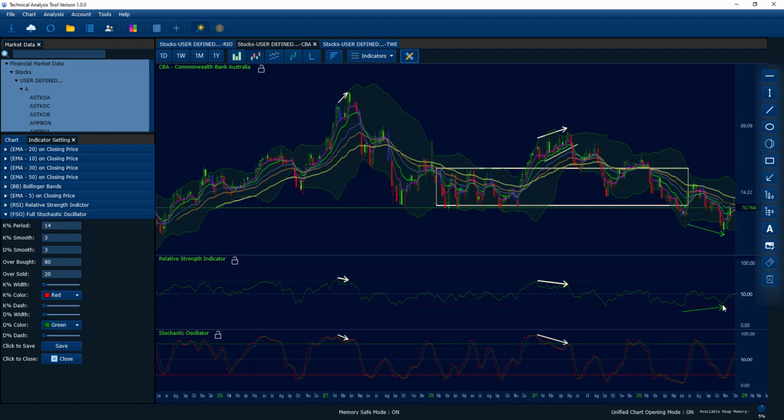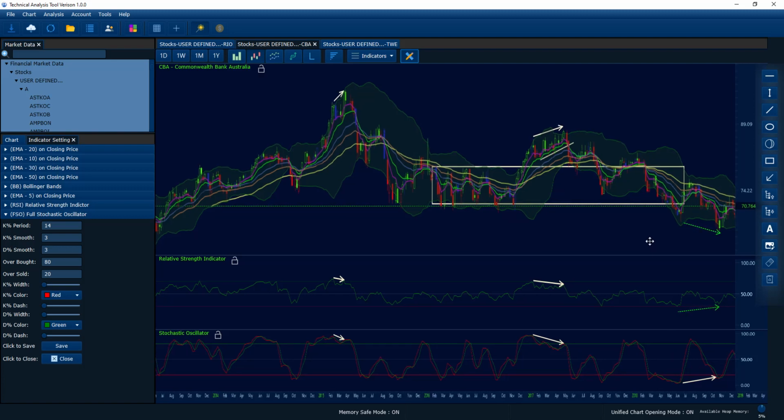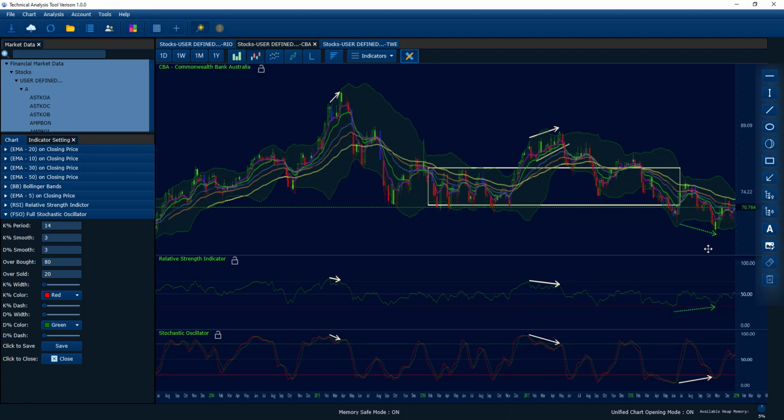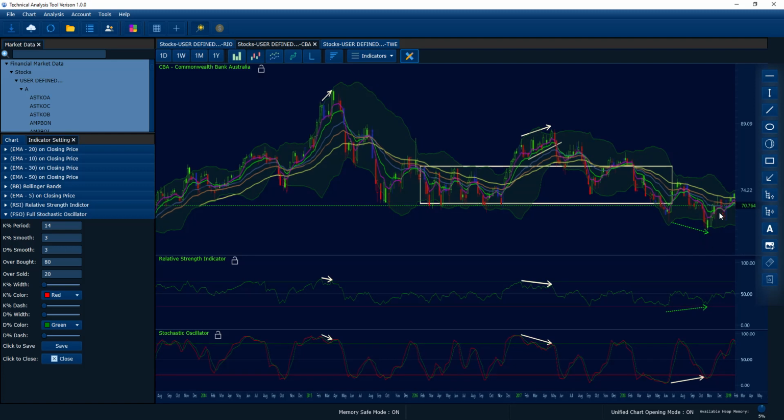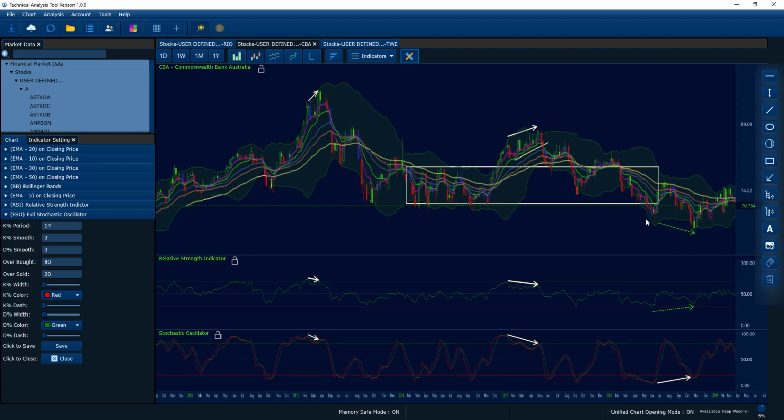That means, even with the stochastic oscillator, that's a double divergence, a bullish divergence, but you still need to be careful. It might indicate a trend reversal, but it might also be that the downtrend will keep going. So you really need to wait for the price to stand above this support again.